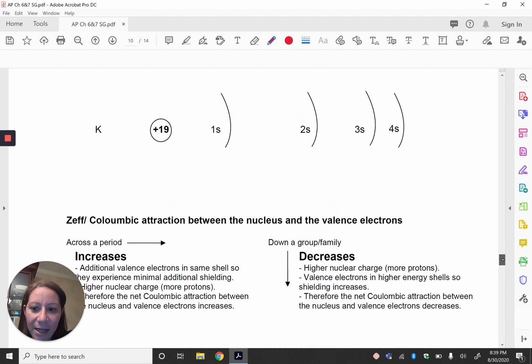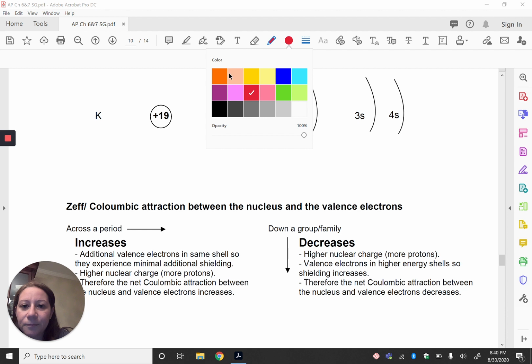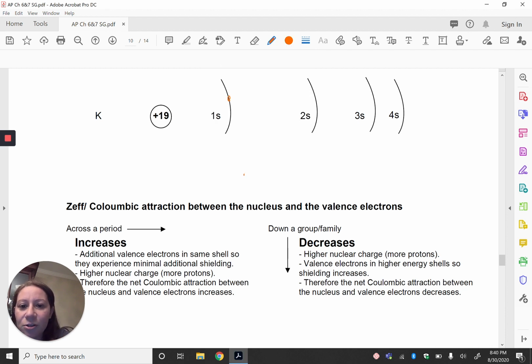Okay, so let's look at potassium, for example. We have, let's do it in orange, a bunch of electrons here, a bunch of electrons here, and an electron there. What we're interested in is that all these properties are caused by the net attraction between this valence electron, it's just the valence electrons that we care about, not the rest of the electrons, and the nucleus.